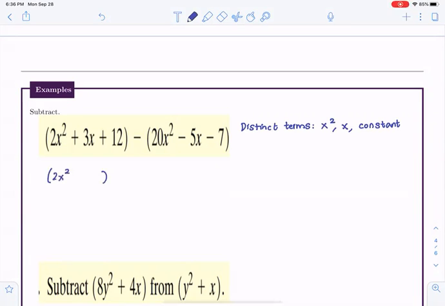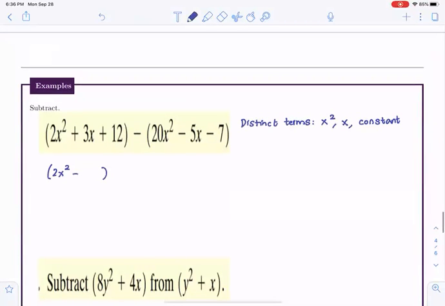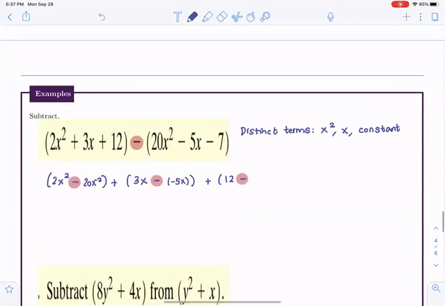Two x squared minus, that minus corresponds to the minus in the middle, 20x squared plus 3x minus, again, corresponds to the minus in the middle, but the other term has minus 5x, so I'm going to put minus 5x plus 12 minus in the middle, and there is another minus 7, so minus 7.